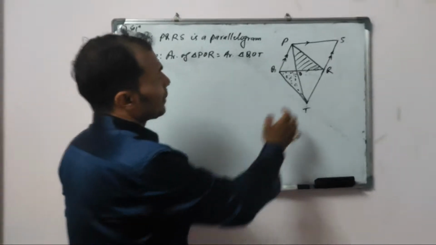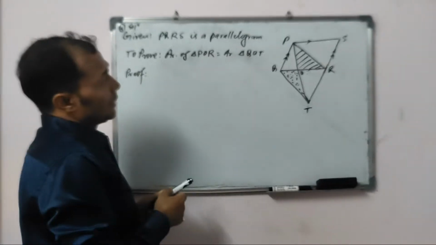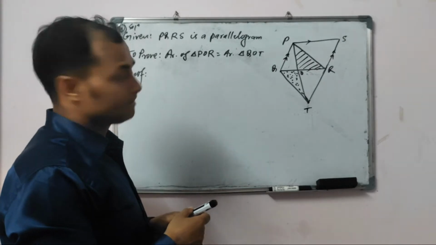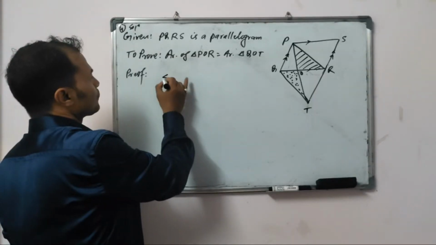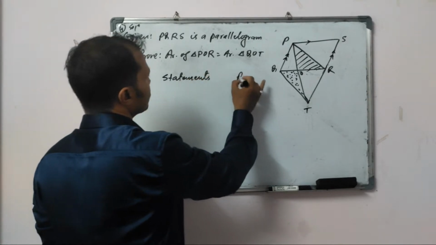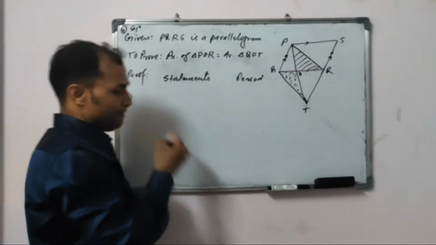Okay, so how to solve these two triangles are equal? How to find that? How to prove that? Any idea guys about this? Look here. Number 1.